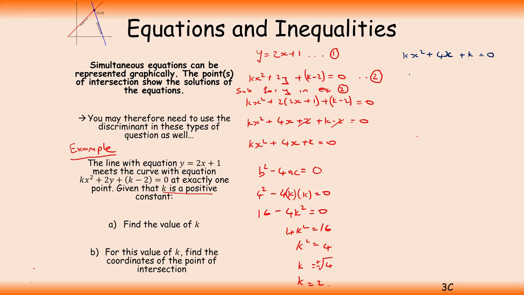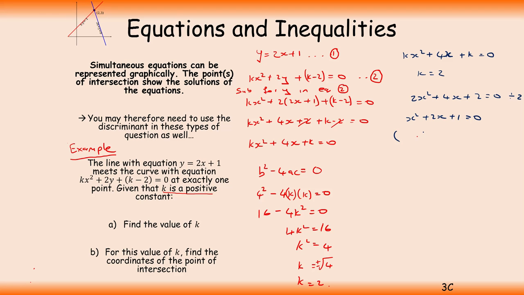I'm going to sub for k equals 2, so that's 2x squared plus 4x plus 2 is equal to 0. There's a lot of 2's. Let's divide by 2. That leaves me with x squared plus 2x plus 1 equals 0.